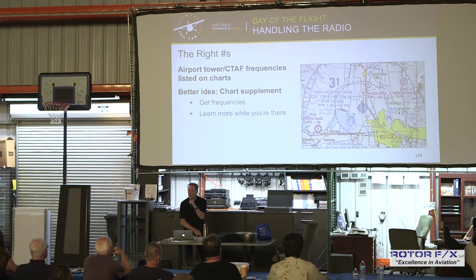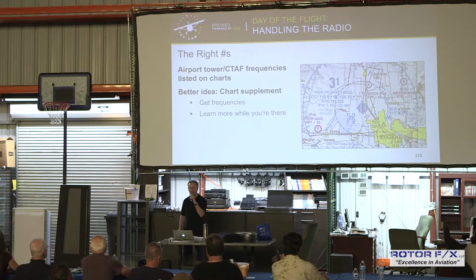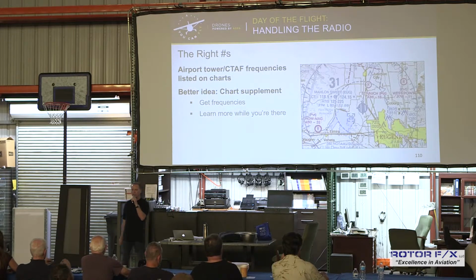That C is CTAF. So whenever you see that C in a blue circle following the frequency, you know that is the CTAF frequency. What's that? It's the common frequency if the control tower is not open.